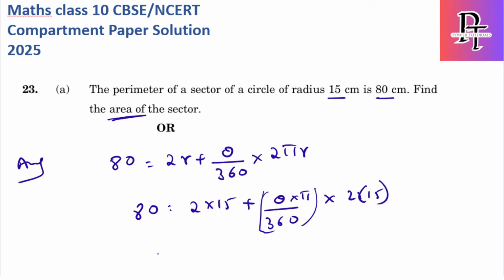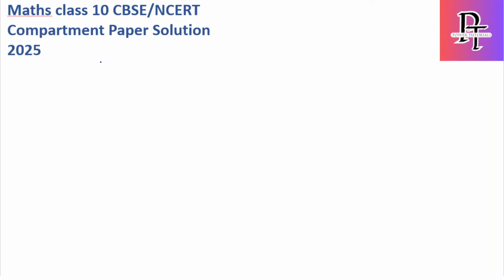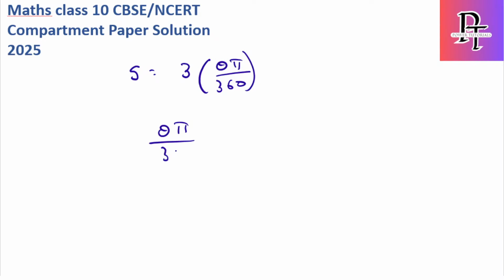So 80 is equal to 30 plus 30 into pi into theta by 360. Okay, if I simply cancel zeros, then this becomes 8 minus 3 is equal to 5. 5 is equal to 3 into theta pi by 360. So I can write theta pi by 360 is equal to 5 by 3.